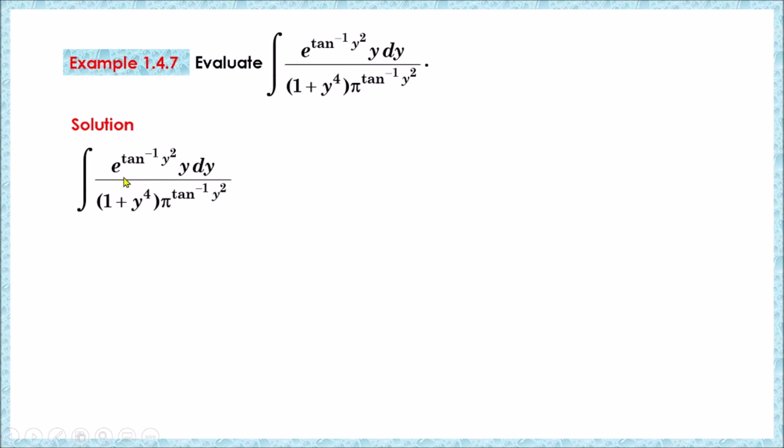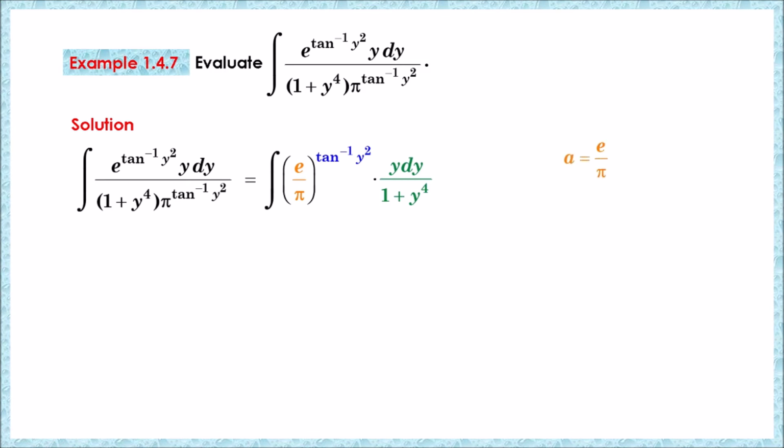Given the integral of e to the tangent inverse of y squared y dy over 1 plus y to the fourth times pi to the tangent inverse y squared, we can express this as e over pi raised to tangent inverse of y squared multiplied by y dy over 1 plus y to the fourth.